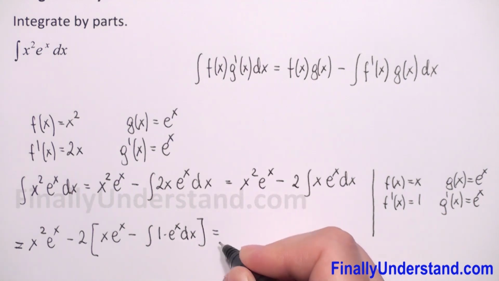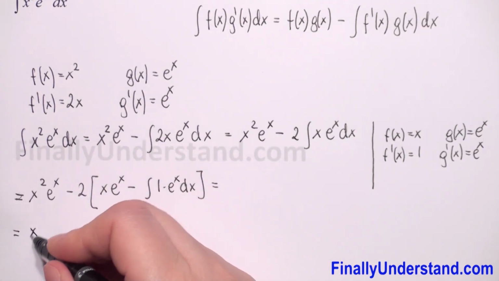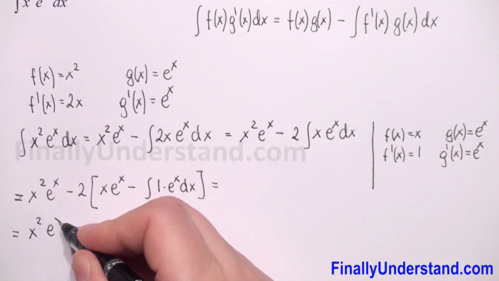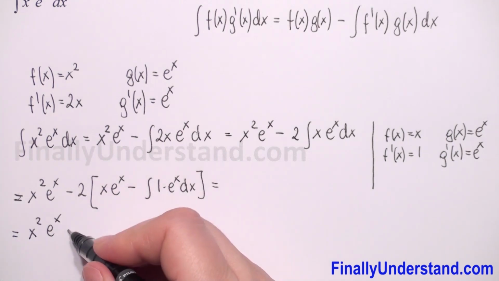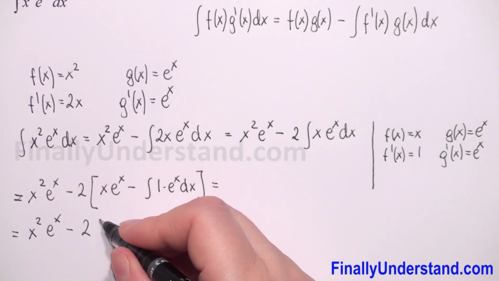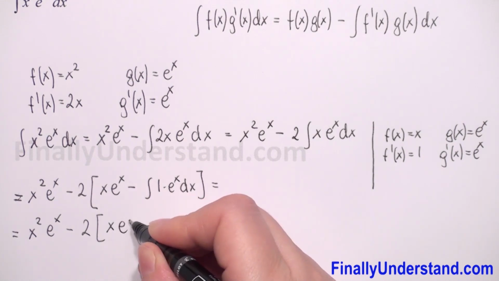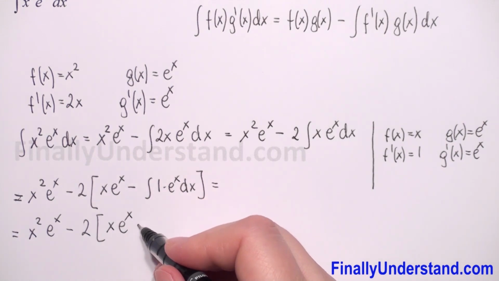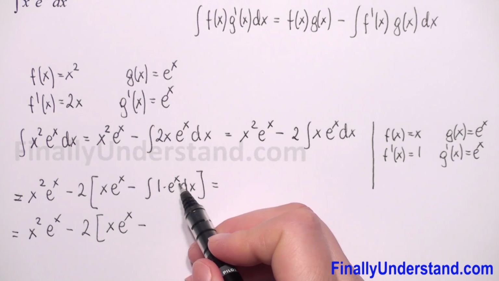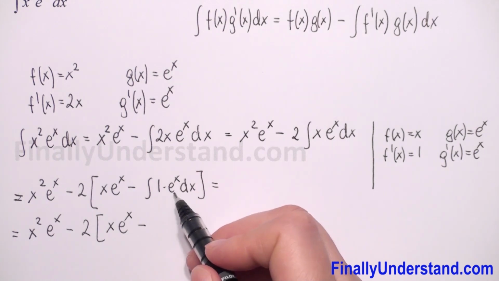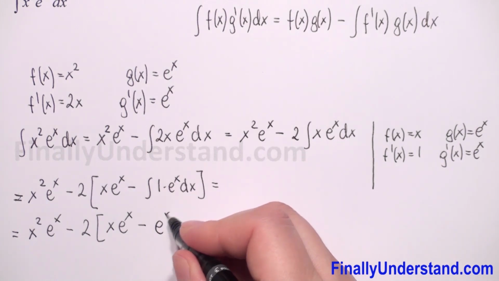So this is equal. We have to copy x squared times e to power x minus 2, and in brackets x times e to power x minus 1 times e to power x, which is e to power x. The integral of e to power x is e to power x.